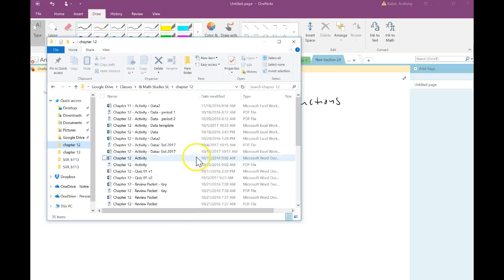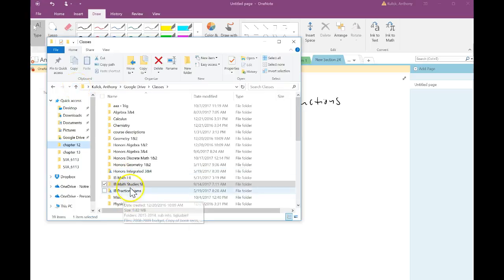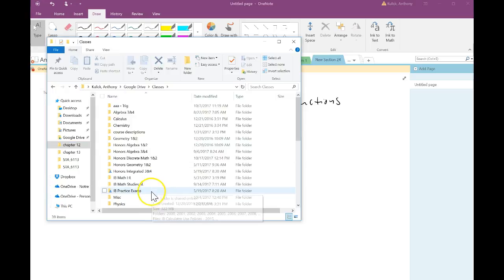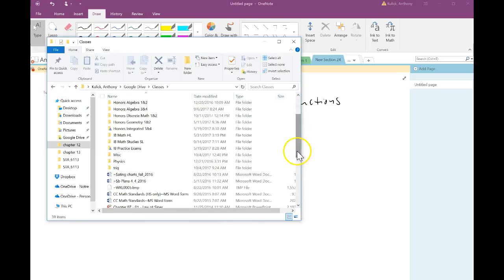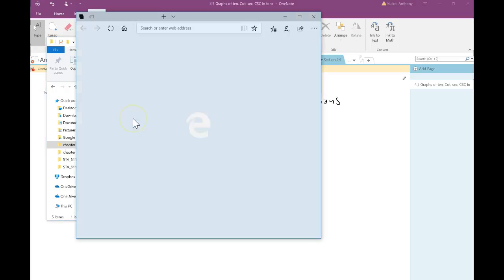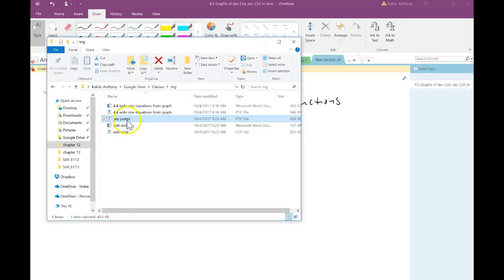If you were looking at your key points sheet, if I can find it. Actually, let's just drop it in here.